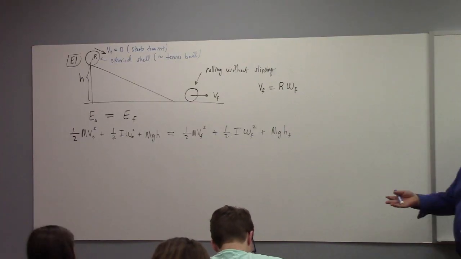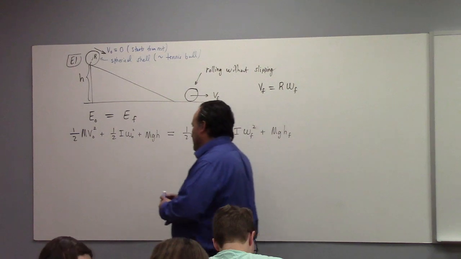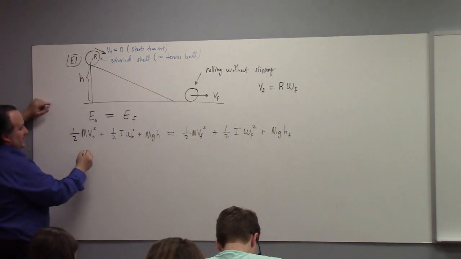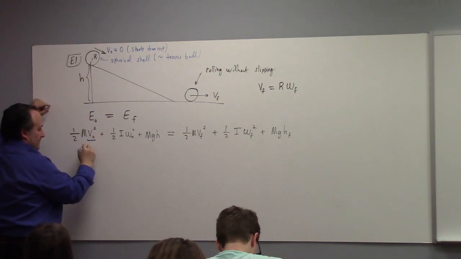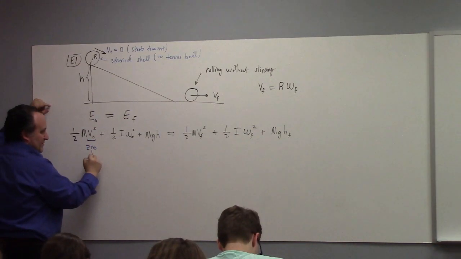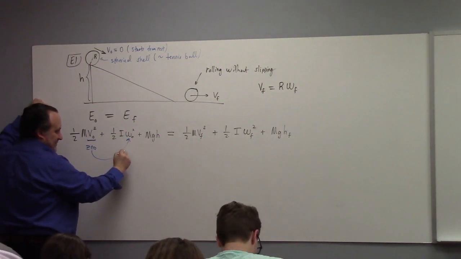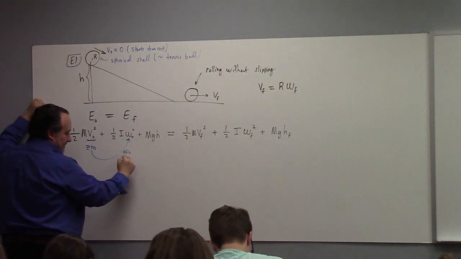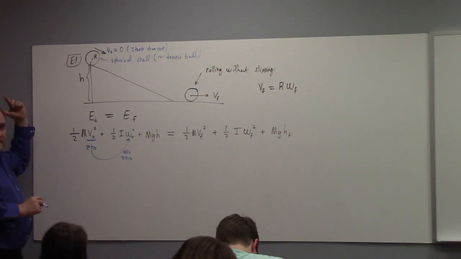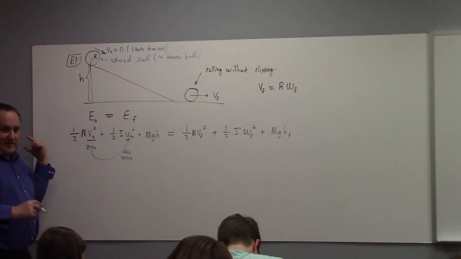But what did I give you? We made it easier. V naught is equal to 0, so this is given to be 0, and this being 0 means that that is also 0. If it's initially not going down the plane, it's also initially not rolling.